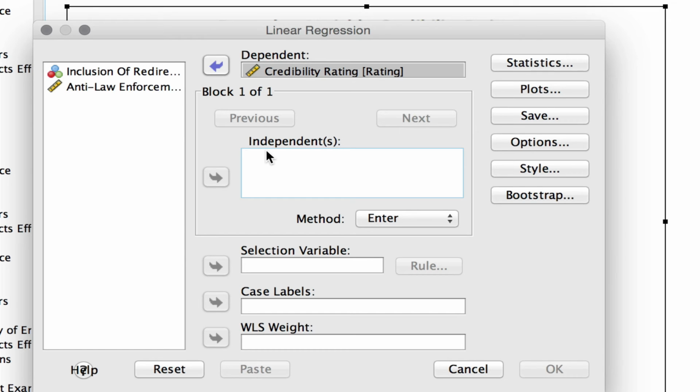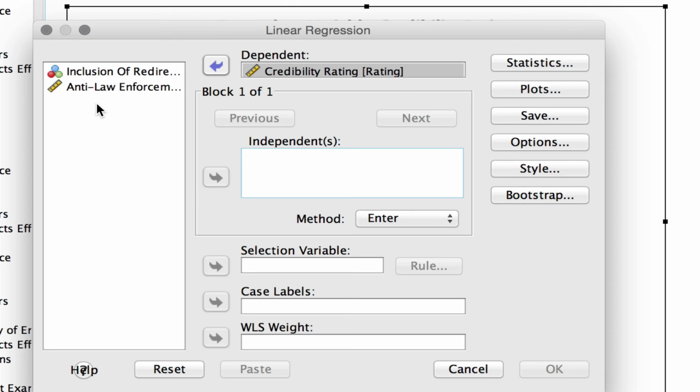Now, if we put these in as one block, it would work, because if you have only two predictors, the individual significance tests are going to tell you the same thing no matter what order you put them in. But a lot of people, when they're explaining ANCOVA as regression, like to put the covariate in first, because what that does is say, what can our experimental effect explain over and above our covariate?